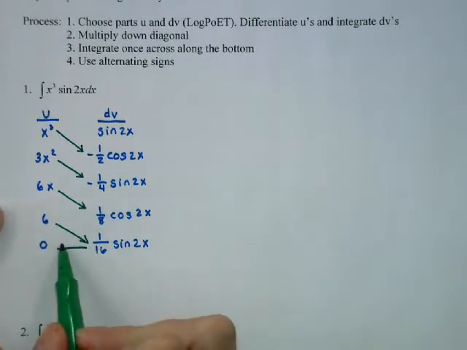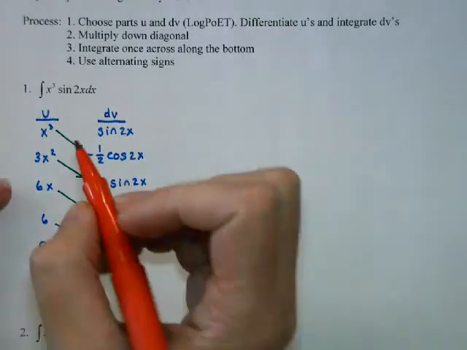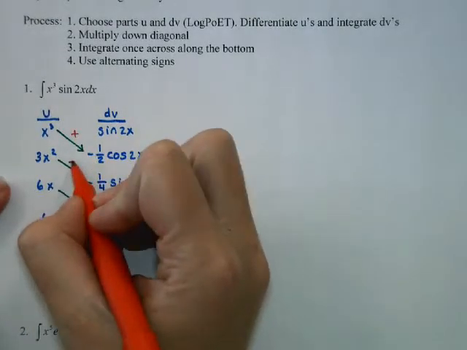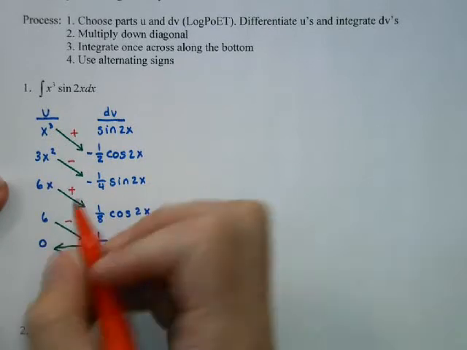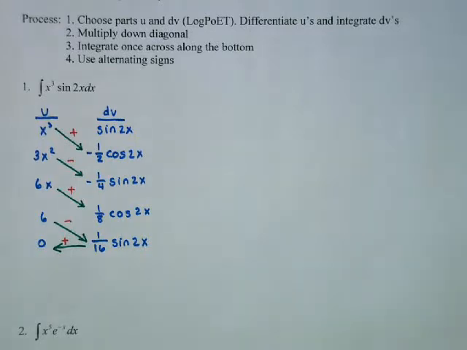Then we go once across the bottom, and we're going to use alternating signs because it's uv minus v du, so it's going to alternate between plus, minus, plus, minus, plus. So you multiply all the way down to the bottom, and then we'll integrate.